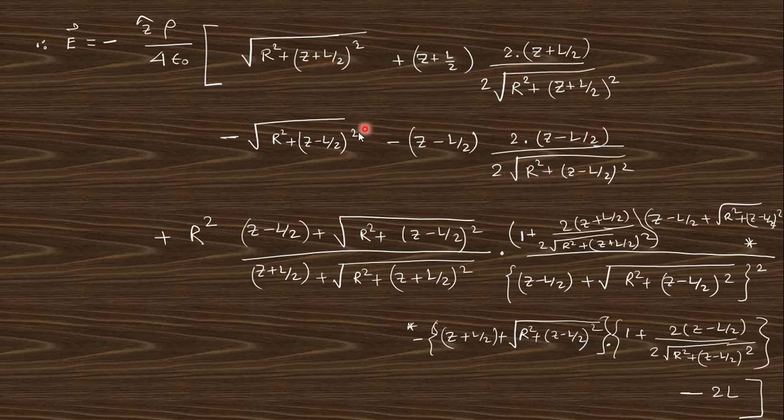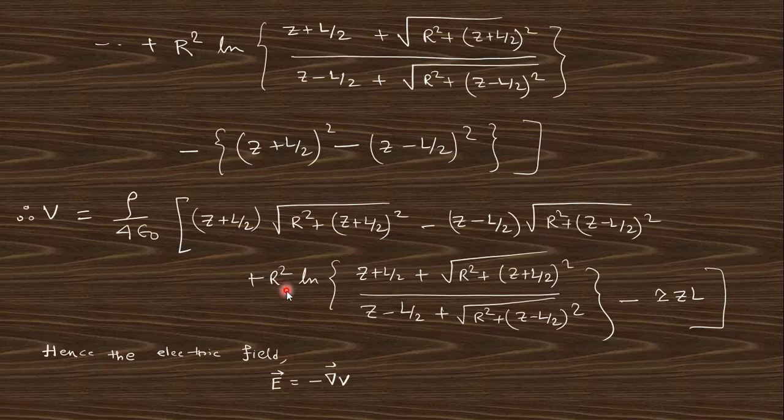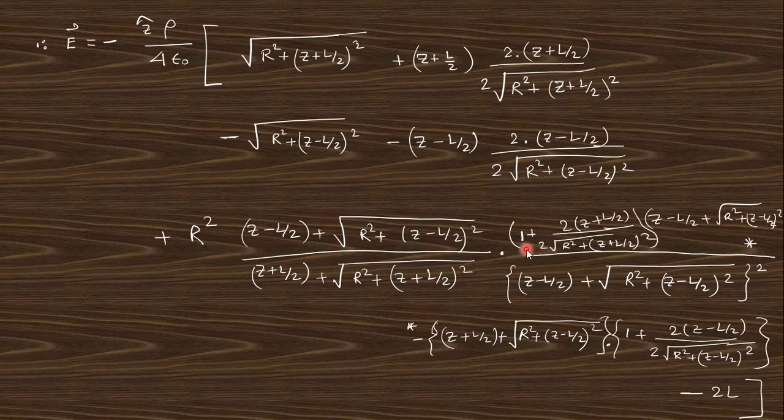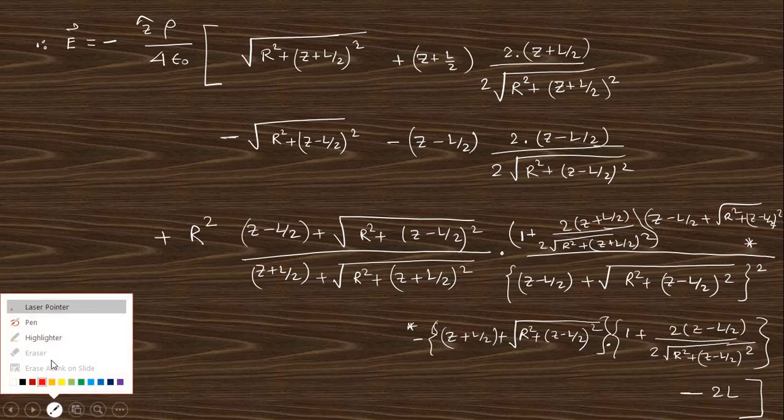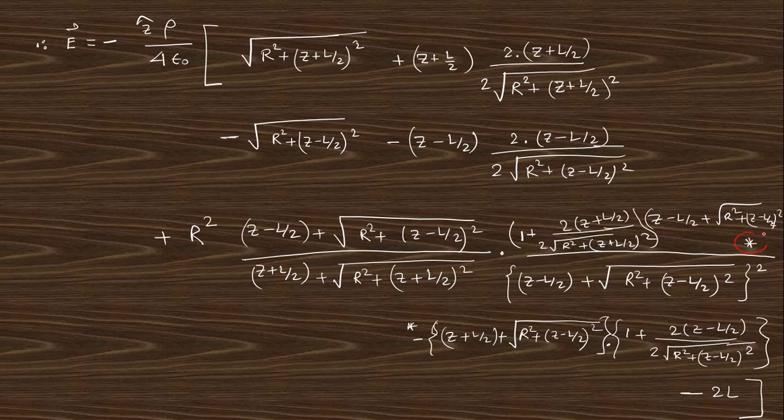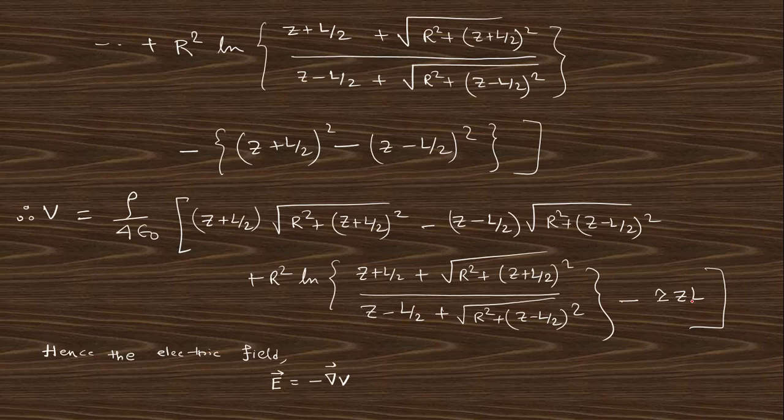Okay, so for the first term there is 2, the second term there is 2, and for the third term, this is r square ln of this, which changes into 1 by this. In this star portion, I want to highlight this star, this total portion gets replaced here, so this one minus this one by this total, and this is minus 1/2 for the last term, with respect to z.